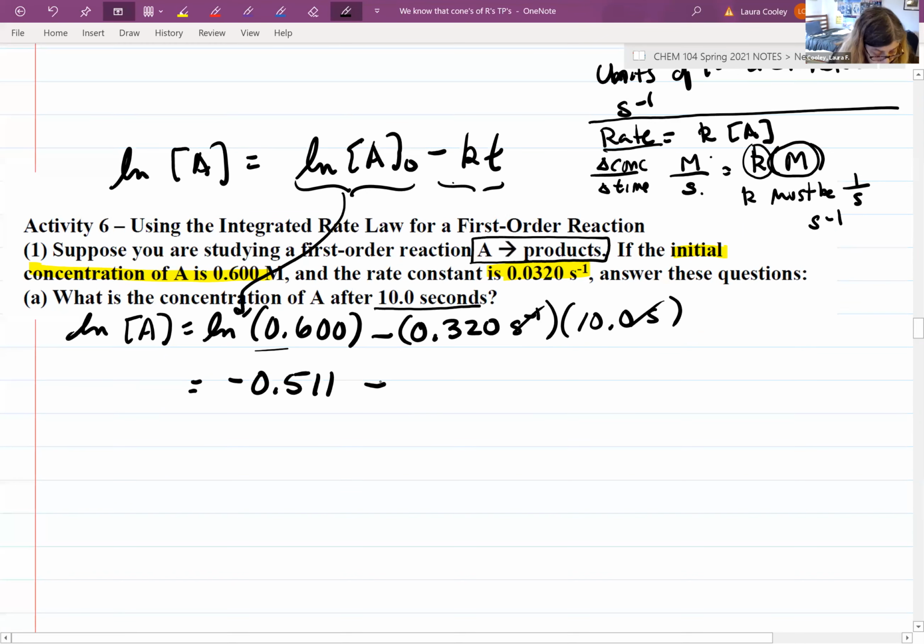So this is minus, oh, what I want you to do before we do that is, now that you have the negative 0.511 on your calculator, I want you to take the inverse log of that, okay? Just do it for practice.